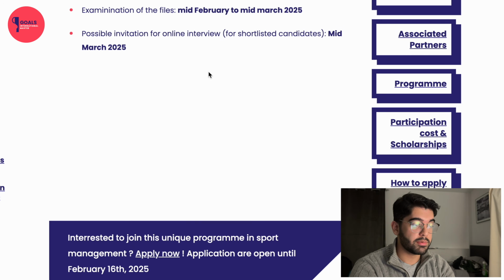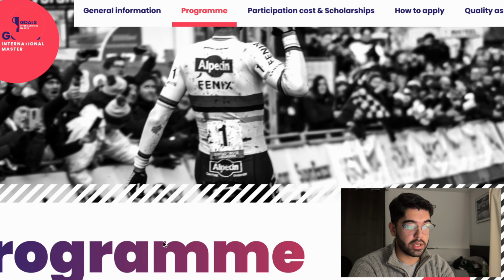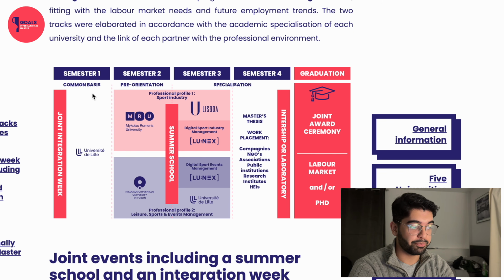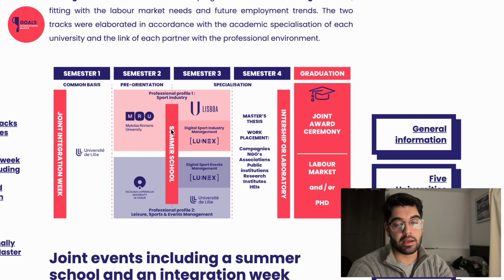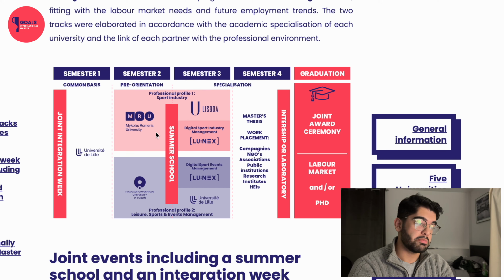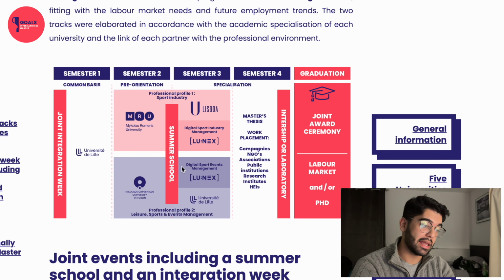On the website, you can find the details about this. If you go in the program, there's a clear distinction between the two tracks. In the sports industry track, you go to this university, and then you choose between Lisbon and Lunex in the 3rd semester. And similarly in the LSEM leisure sports and event management, you have to go to Torun in Poland, and then you choose between Lunex and Lille once again.